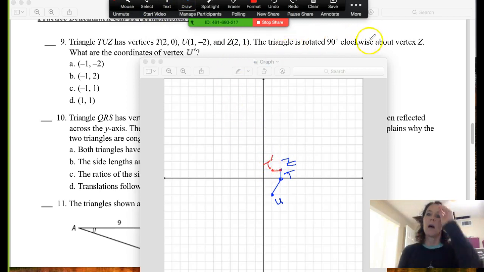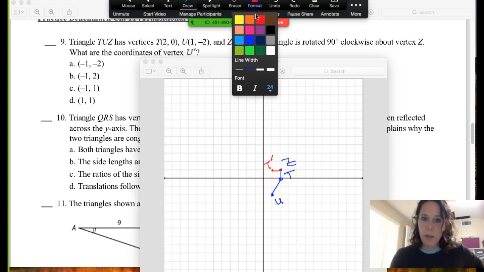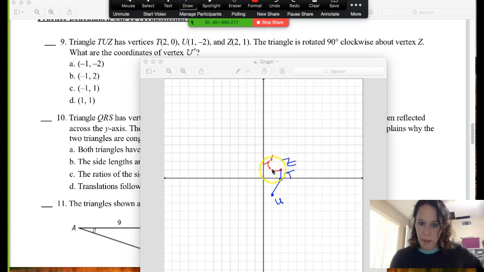All right. What are the coordinates of U? Now U is a little harder. So from Z to U, I want to rotate this 90 degrees. What I'm going to do is draw a little line, and I'll draw it in red from here to here. Okay, and then I'm going to rotate that 90 degrees.